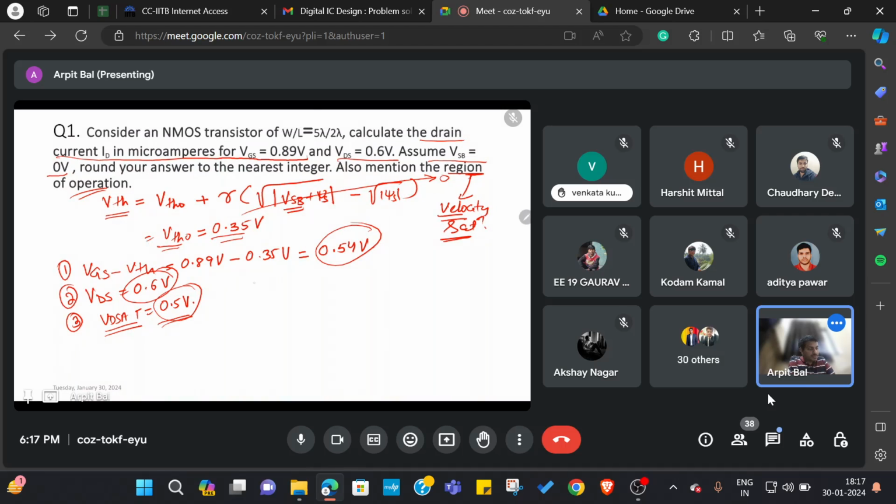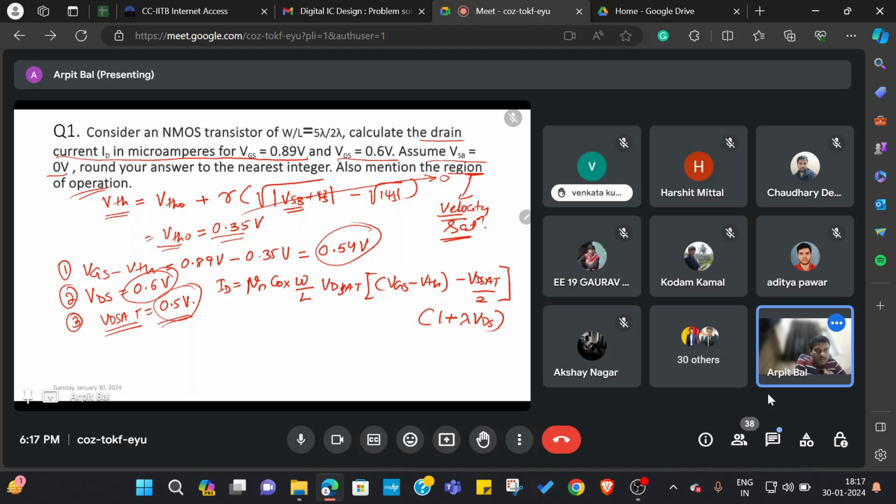So we will have ID equal to mu n Cox W by L VDSAT into VGS minus VTH minus VDSAT by 2, into 1 plus lambda VDS.